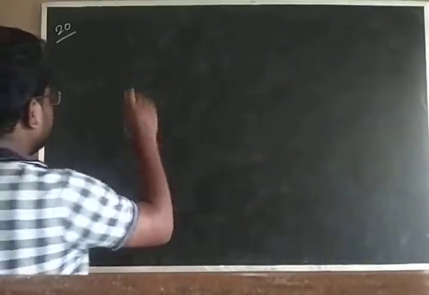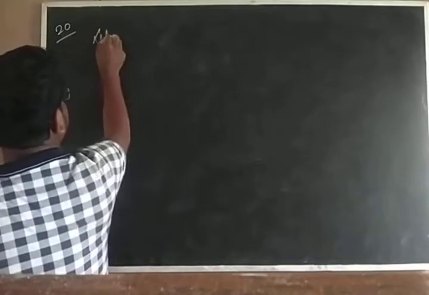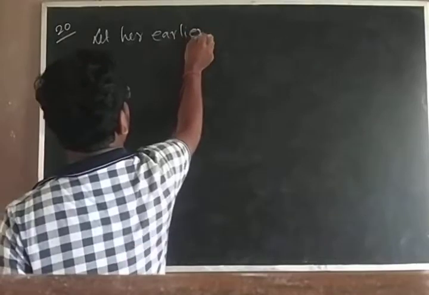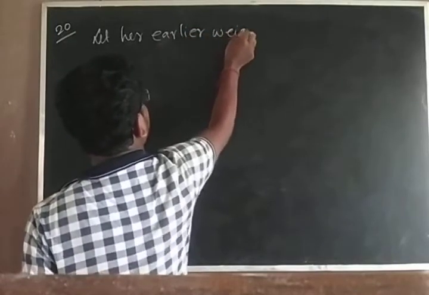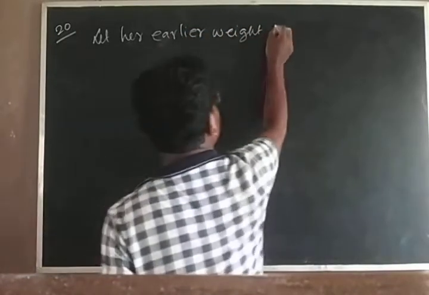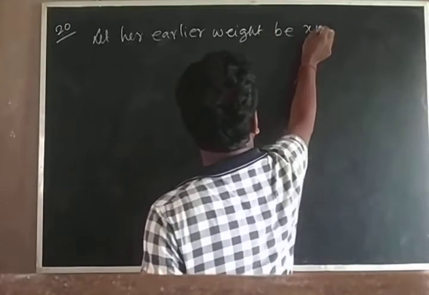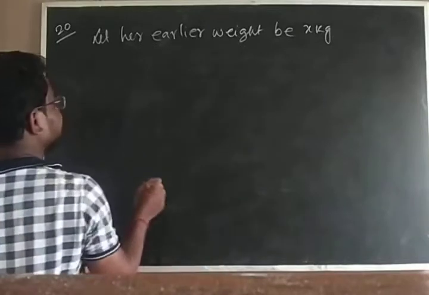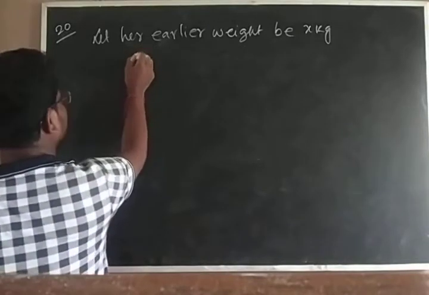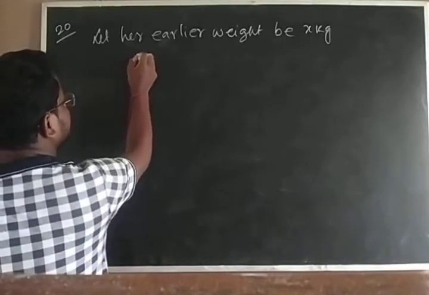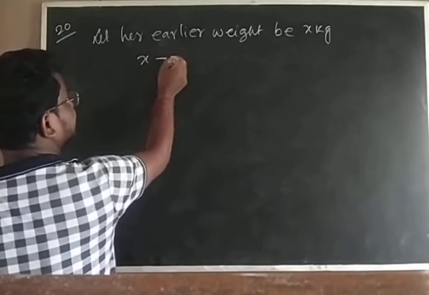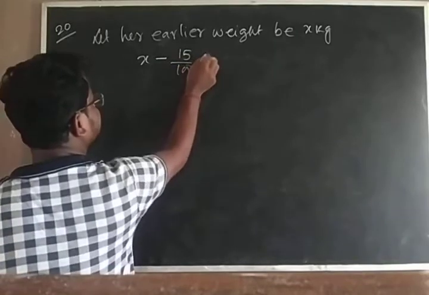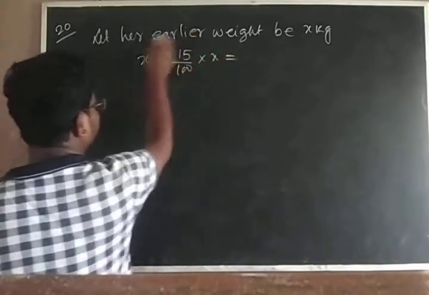Let her earlier weight be x kg. Okay. Then after reducing, x minus 15% of x, this is the weight after reducing.